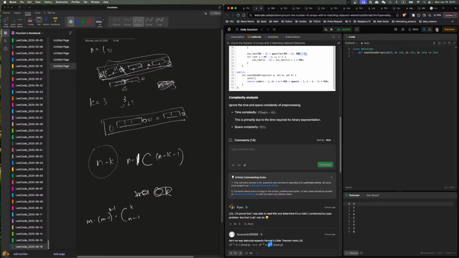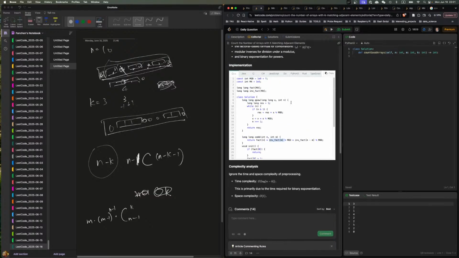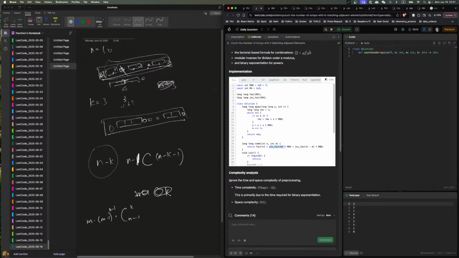This is the inverse factorial of some stuff, and that's why you have to do this mod P, which is basically this factorial divided by this factorial, n factorial divided by m factorial.